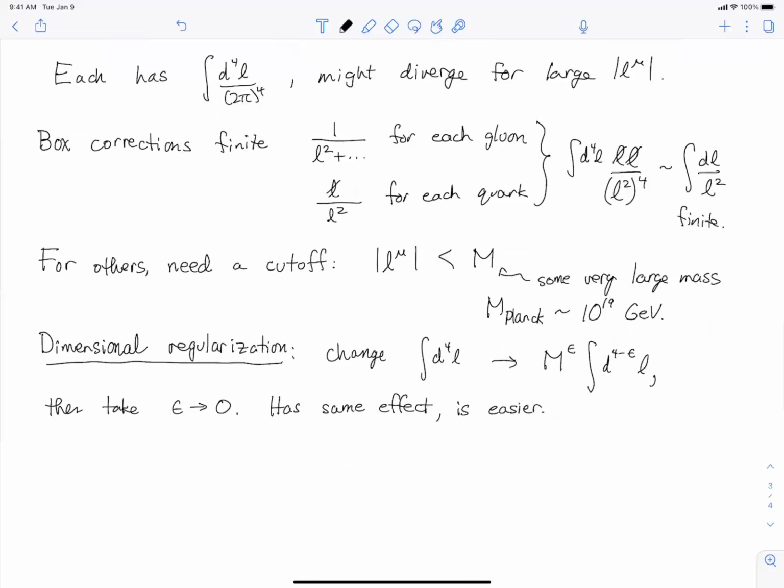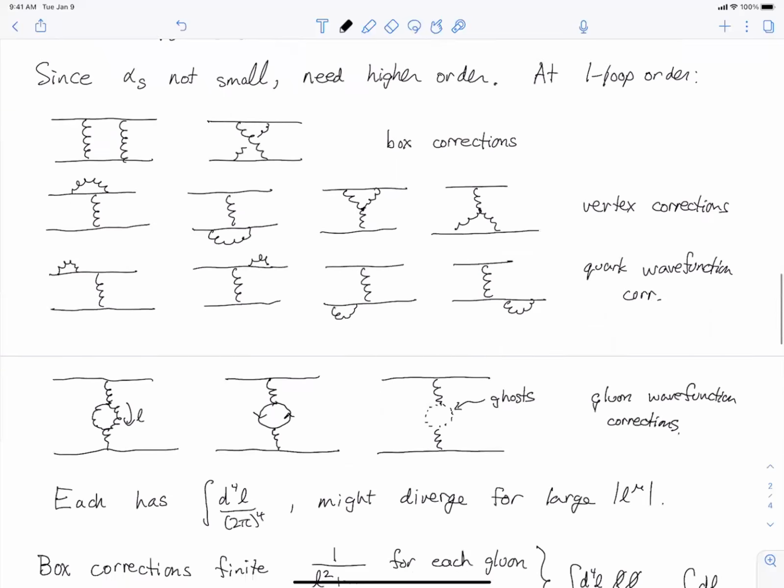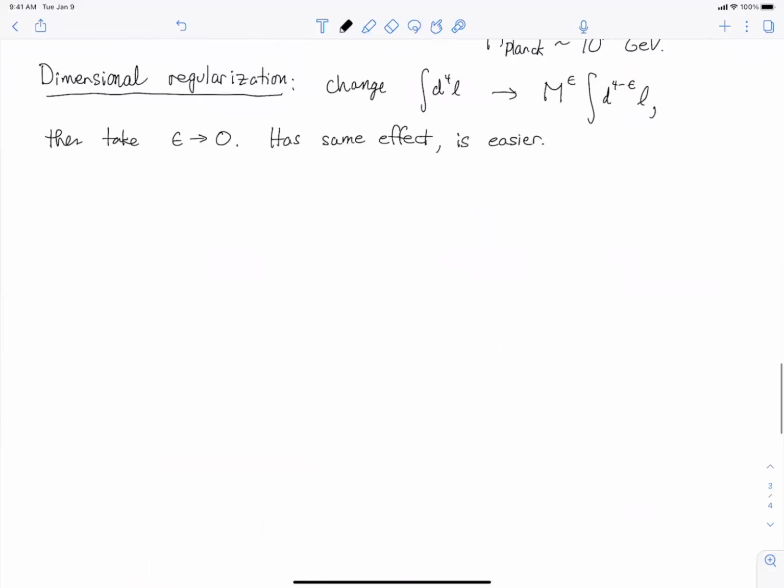So the bottom line is, if you take all these diagrams and you do everything carefully, I'm just going to quote the answer so you can see what it looks like.